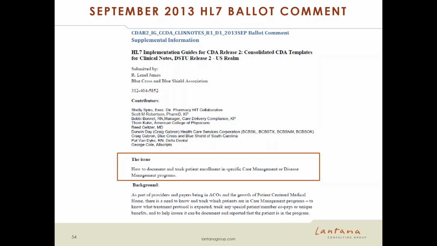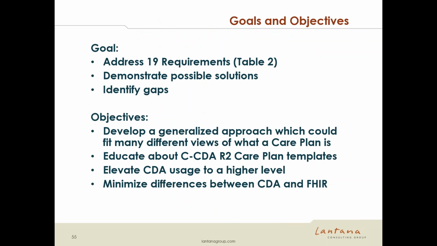time. And so Blue Cross Blue Shield Association basically commissioned Lantana, who had me, help them address their concerns. That major one that I just described was their top issue, but they actually had 19 different gaps that they could see were requirements that they had for using care plan documents, but they did not find in the implementation guide that they could know what to do to address those needs.